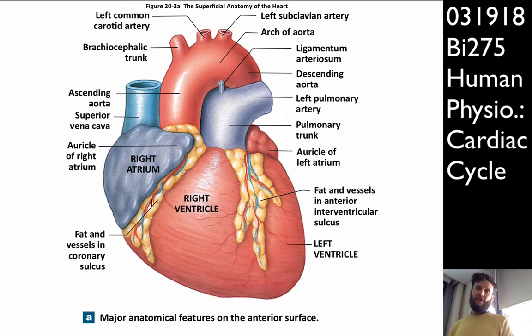The great vessel that is most anterior between the two auricles is the pulmonary trunk. The pulmonary trunk is emerging. We'll see as we open the heart here. We'll see it's coming out of the right ventricle, and then sort of behind it and cradling it is the greatest of vessels, the aorta. This is the arterial outflow from the left ventricle. What else do I want to point out here?